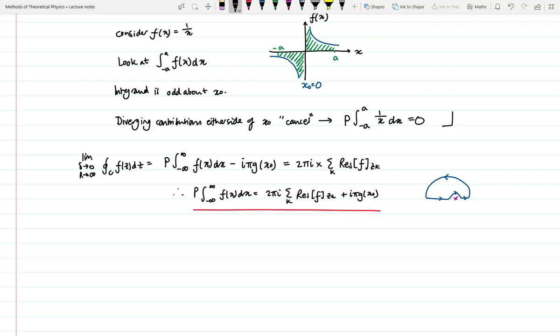It turns out that you recover the same expression that I've underlined in red here if you use a different integration contour. You recover the same expression if instead you were to use this contour.